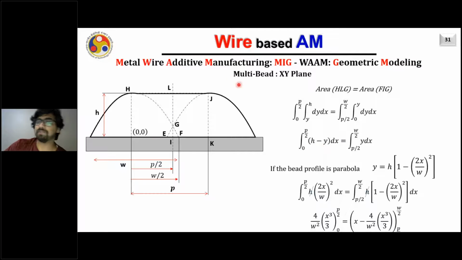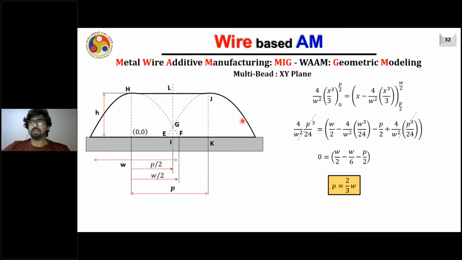Whatever the shape is, the same procedure can be used to obtain the optimal distance between two consecutive beads. That is how you obtain deposited beads with the optimal overlap. This is an optimal overlap in the case of MIG welding.